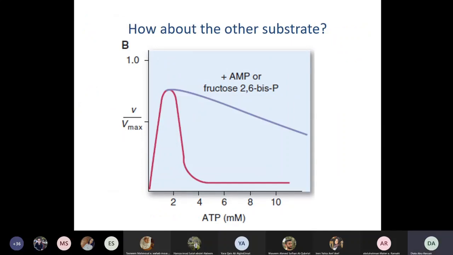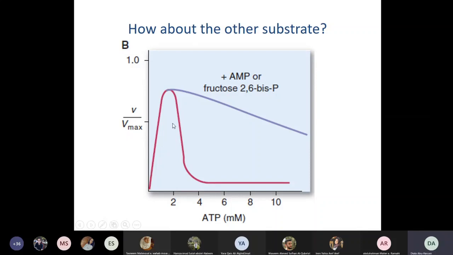For this reaction that is catalyzed by phosphofructokinase, in which fructose 6 phosphate is converted to fructose 1,6 bisphosphate, there is another substrate. We need the ATP as a source of the phosphate group. Notice that again, same thing. This is the other substrate. I changed, instead of fructose 6 phosphate I put the ATP, and again I am drawing V over V max.